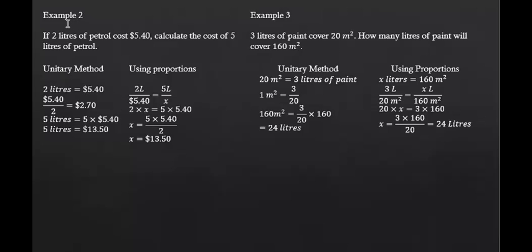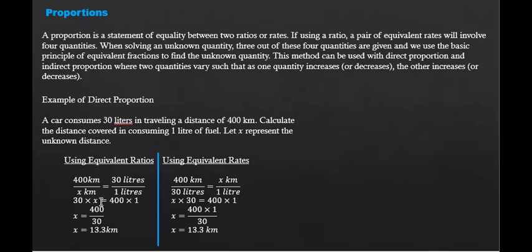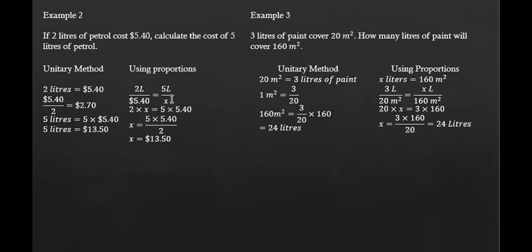Here are some other examples. Right now, if 2 liters of petrol costs $5.40, calculate the cost of 5 liters of petrol. So again, this is using what they call the unitary method, which we just discussed here, and proportions. So we have 2 liters is equal to $5.40.